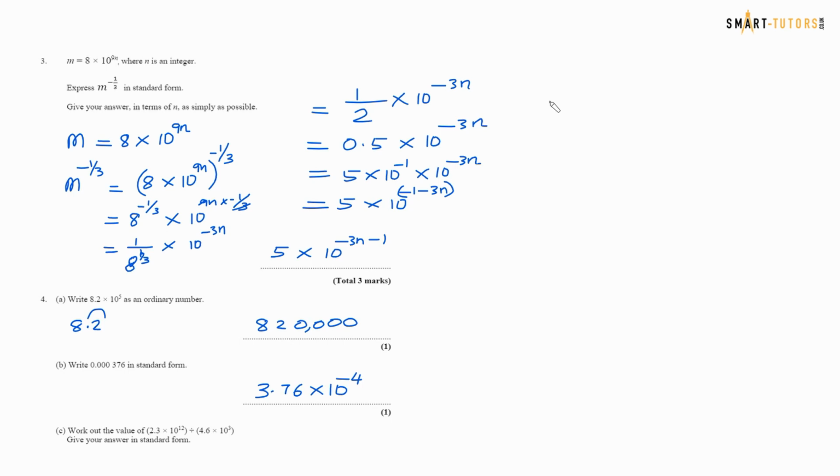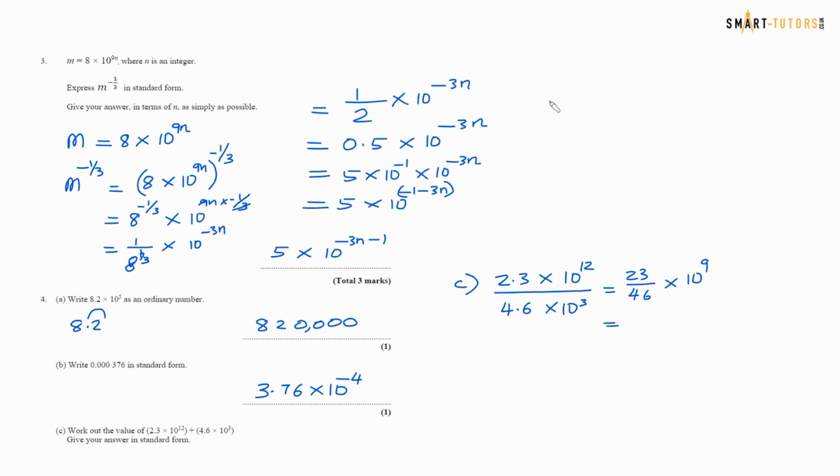Part C, let me do part C here. 2.3 times 10 to the power 12 divided by 4.6 times 10 to the power 3. So one decimal here, one decimal here. So basically this is 23 over 46 times 10 to the power 12 take away 10 to the power 3, which is 10 to the power 9.